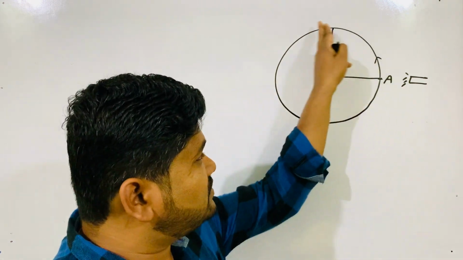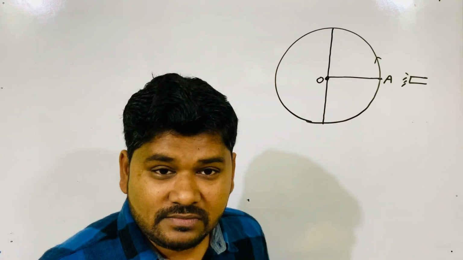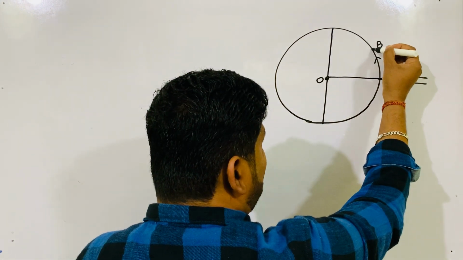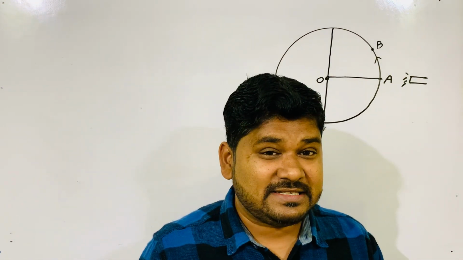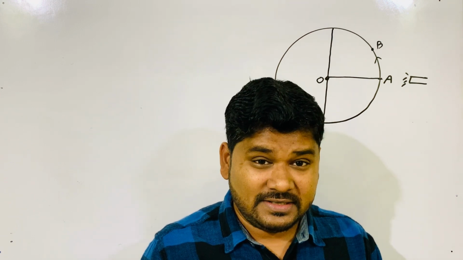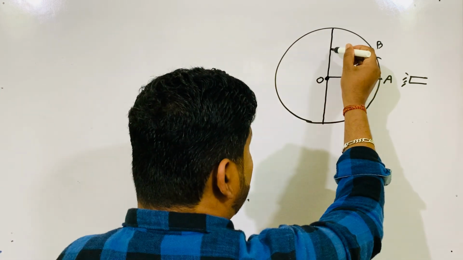When the body is at A, the projection is at O. When the body goes to B, where is its projection? I'll draw again a perpendicular to the diameter.